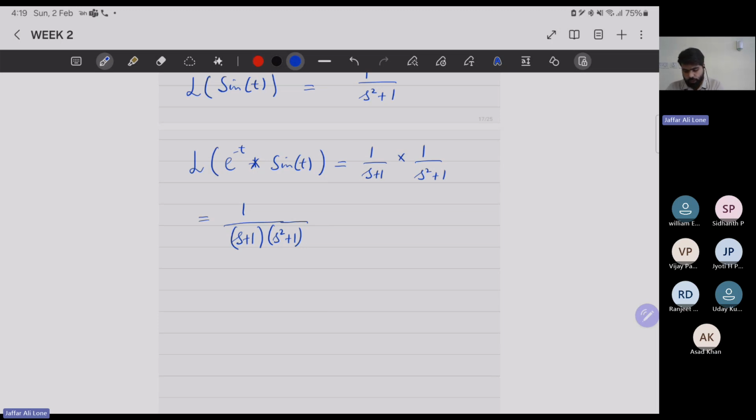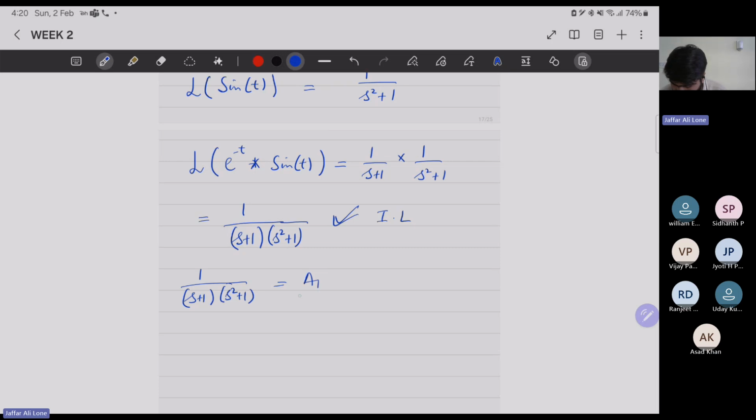Now this you got, but you have to find the convolution, and convolution is in the time domain. So to find the time domain signal, again you will take the inverse Laplace. For inverse Laplace, you will take partial fractions. Now you have to be very careful here.